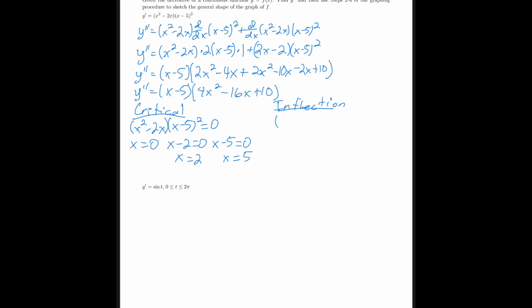And then I can find the inflection points by setting this other piece equal to 0. So I've got x minus 5 equals 0 and 4x squared minus 16x plus 10 equals 0. And then if we solve those, we'll get x equals 5.